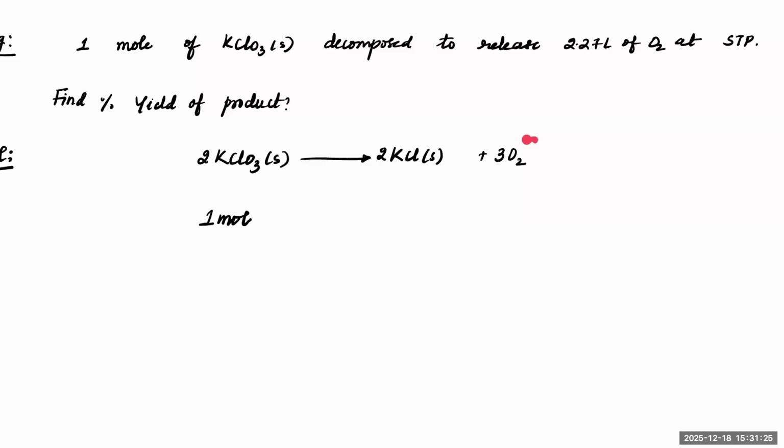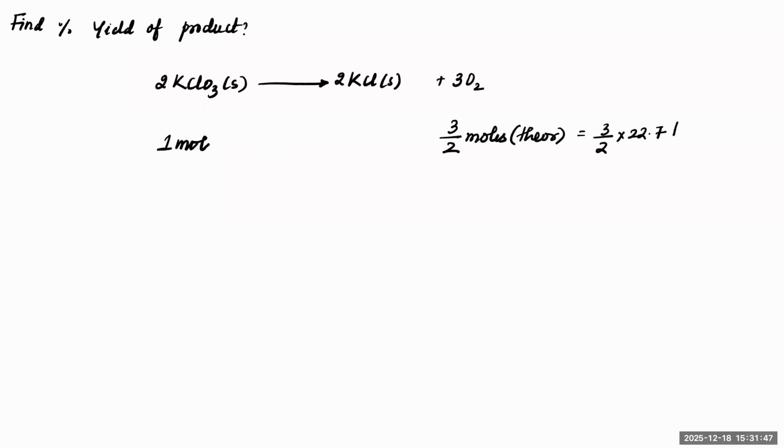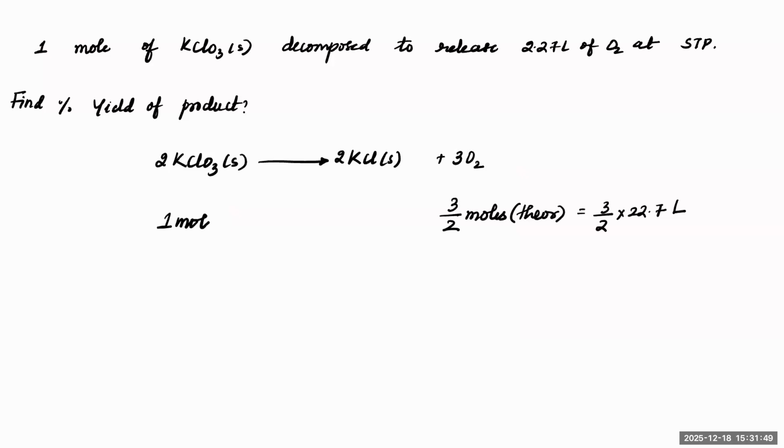You can see 2 moles are offering 3 moles. 1 mole must offer 3 by 2 moles, 1.5 theoretically. Which means it is 3 by 2 into 22.7. So theoretically, this many liters is what you are expecting.